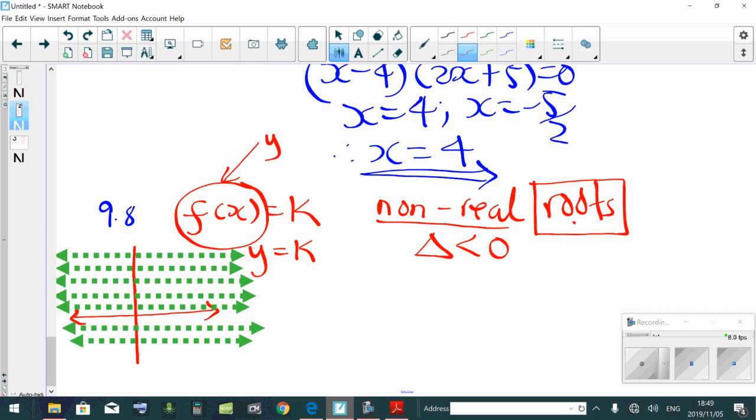So, what are roots? Roots are solutions to an equation. When you solve an equation, what you obtain are roots.